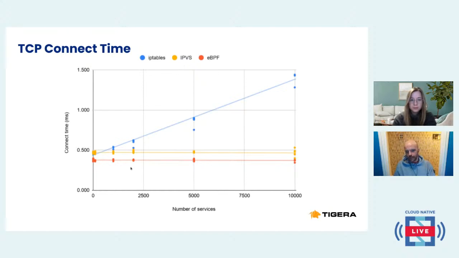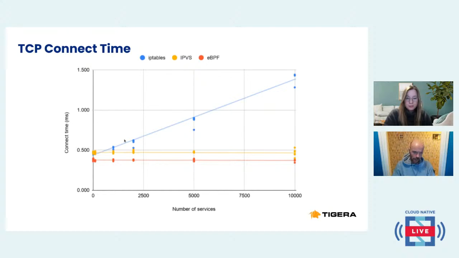And what we're seeing in this graph is as you add more services, with IPVS and eBPF, the connect time remains constant, regardless how many services you have. And the eBPF data plane is even faster. But the iptables data plane, the old way of doing things, was basically increasingly slow as you added more services to your cluster.